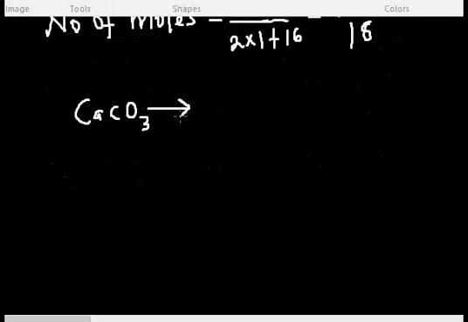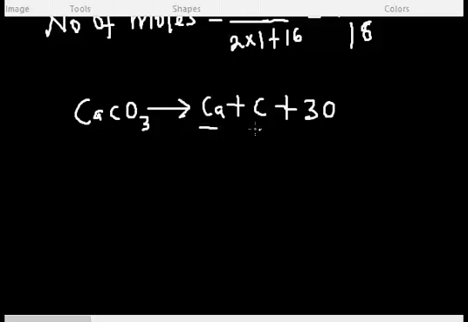This compound contains three elements: calcium, carbon, and of course oxygen. They have their different compositions. There's a percentage of each of these elements present in this compound. That is what we mean by percentage by mass. So the percentage by mass of each element in this compound is what is regarded as percentage composition.